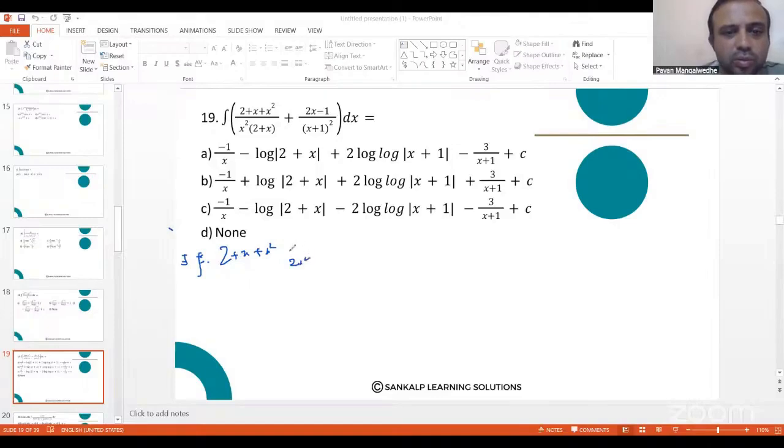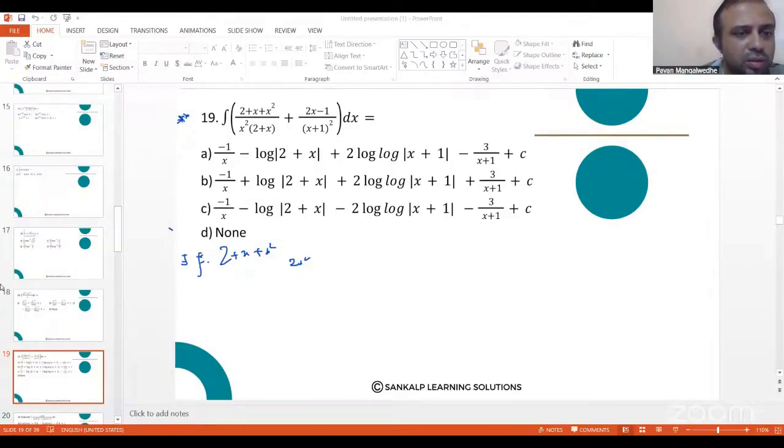So just wait for this example, put a star for this. Tomorrow in the next session we are going to solve this, and we'll go to the next question, because this question is not so clear.